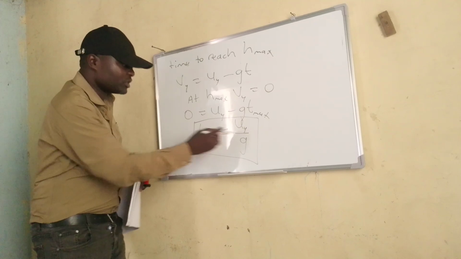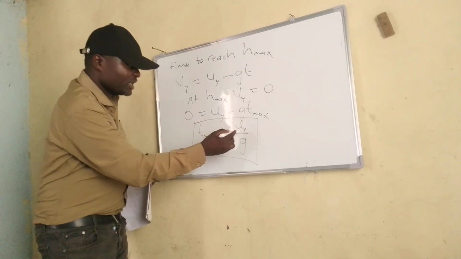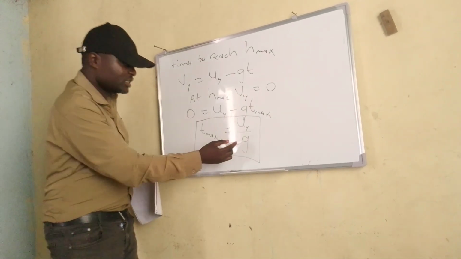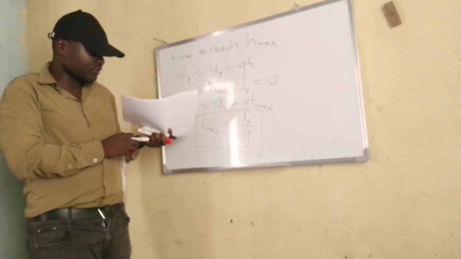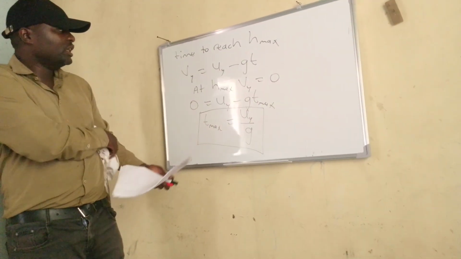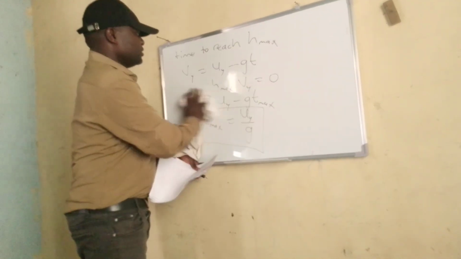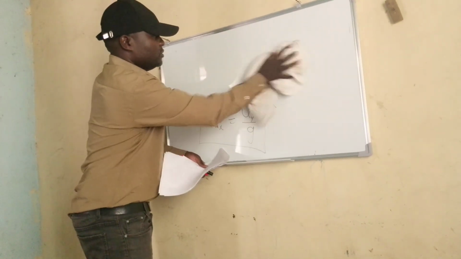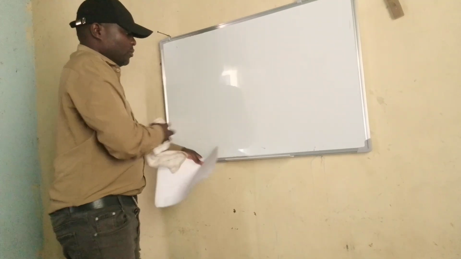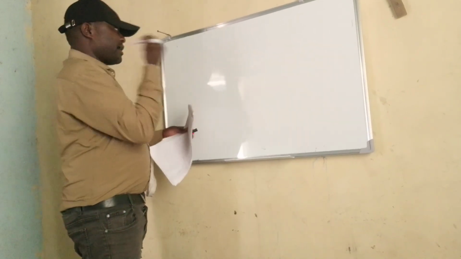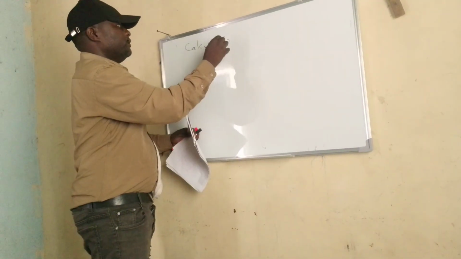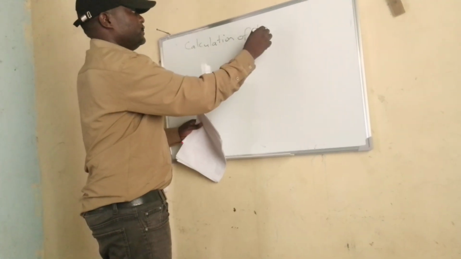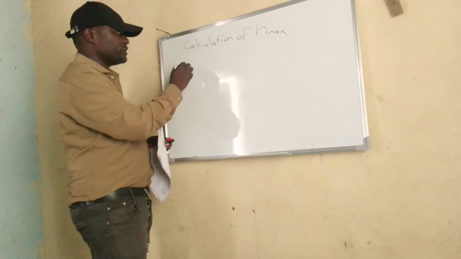Here ui is the initial vertical velocity and g is the acceleration of free fall, because we're neglecting air resistance. So we're going to calculate the maximum height reached. Calculation of h max, or maximum height reached.